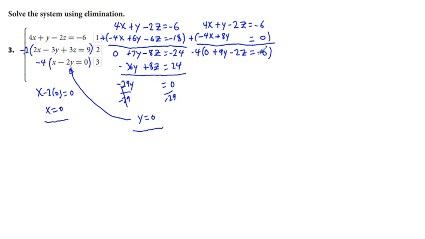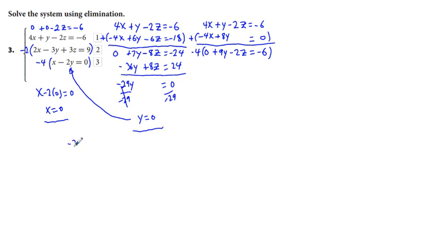And then we have the last one here. We want an equation just in terms of, well, we have x and y. We can use any of these equations now. So we have 4 times 0 plus 0 minus 2 times z equals negative 6. And I'm just going to write this down below.